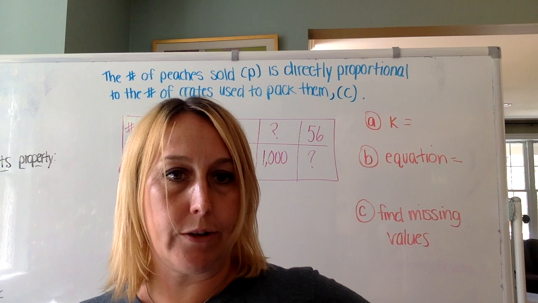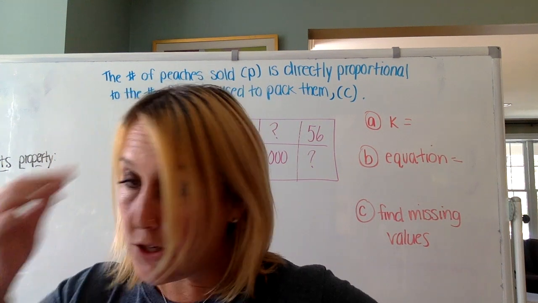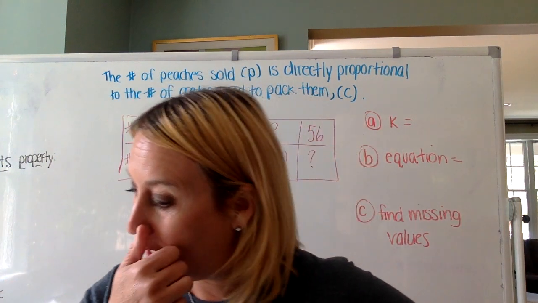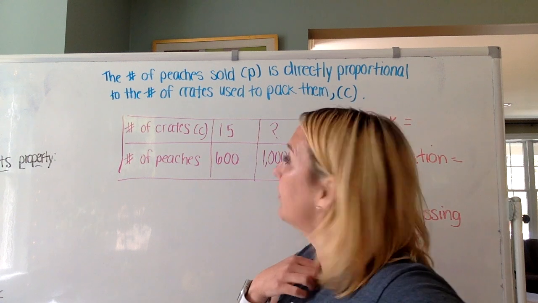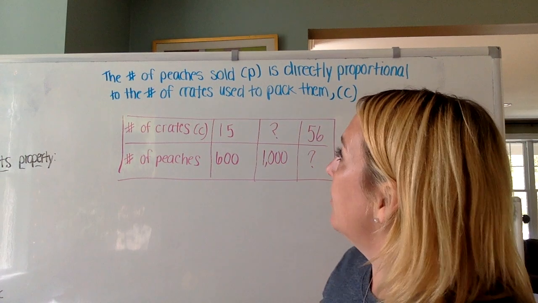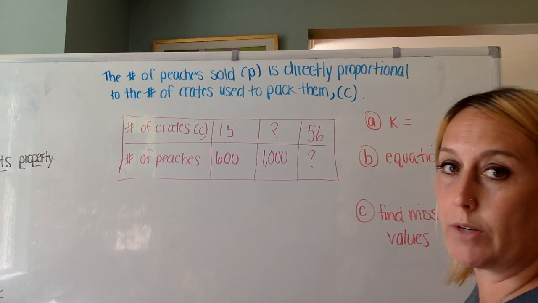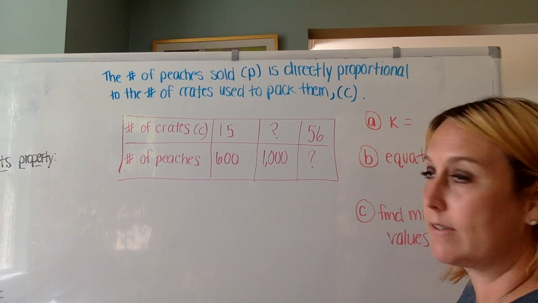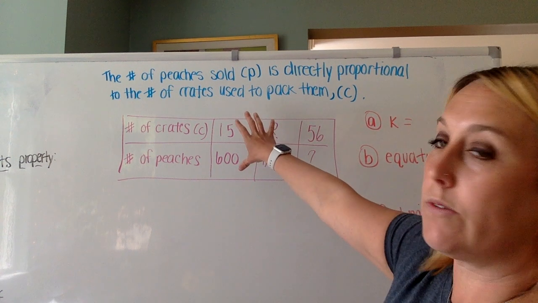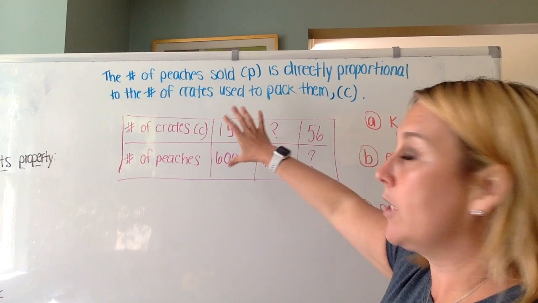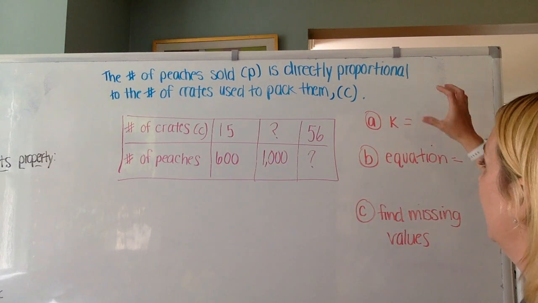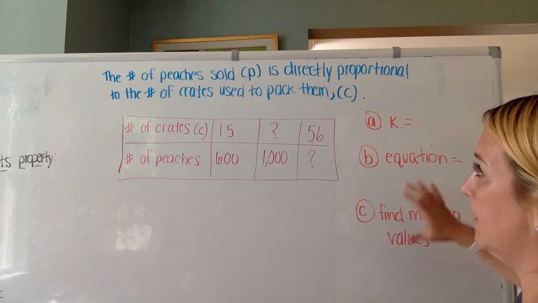I'm on page 270. So, solve a direct proportion problem from a table. The number of peaches sold, P, is directly proportional to the number of crates used to pack them, which is C. Use this table of information to help find the constant, the equation, and then the missing values.